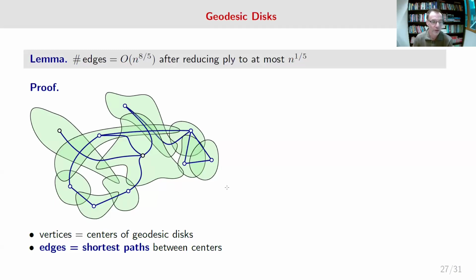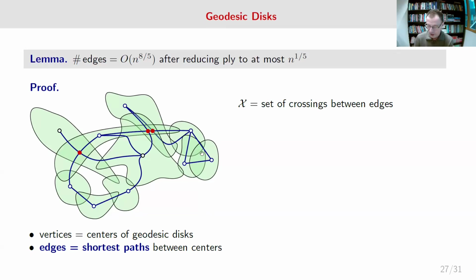Draw the graph in the following way. You pick the centers of your geodesic disks as nodes, and you connect two nodes via a shortest path. Then you start looking at the crossings between these shortest paths.